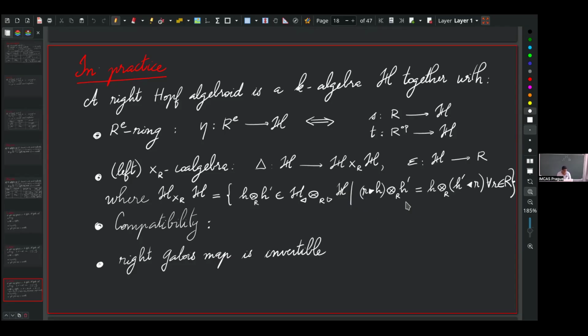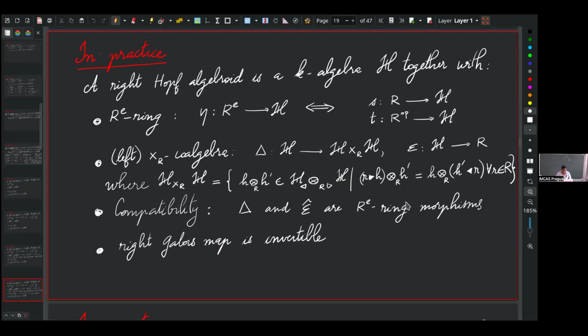And then the compatibility is given by checking. So first, the Takeuchi product, as we defined, is closed under the multiplication. And therefore, we can check the compatibility between the two structures by checking that delta and epsilon hat are ring morphisms.